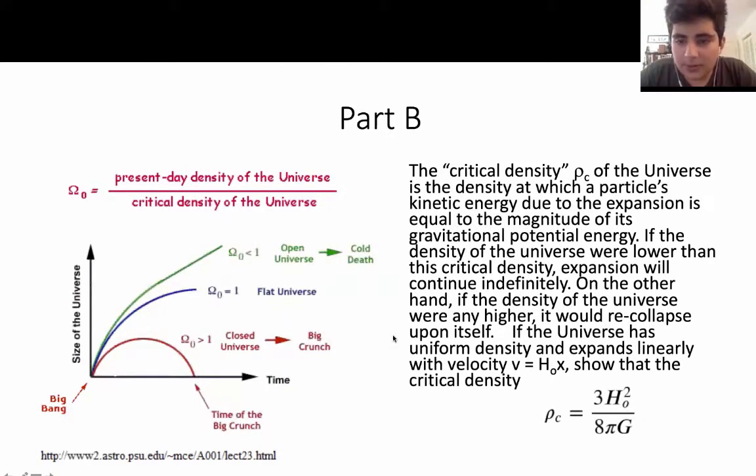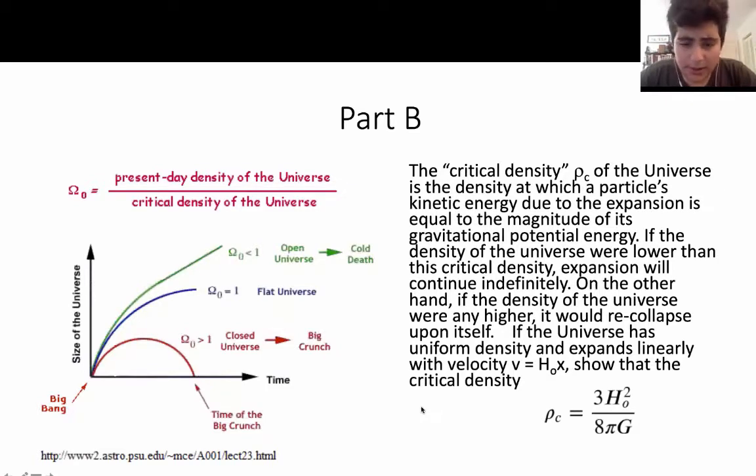The question asks: the critical density, rho sub c, of the universe is the density at which a particle's kinetic energy due to the expansion is equal to the magnitude of the gravitational potential energy. If the density of the universe were lower than this critical density, expansion will continue indefinitely, like you see with this green sloped graph.